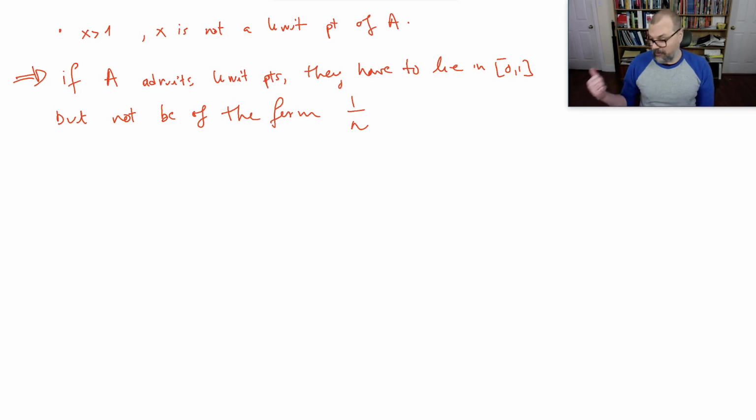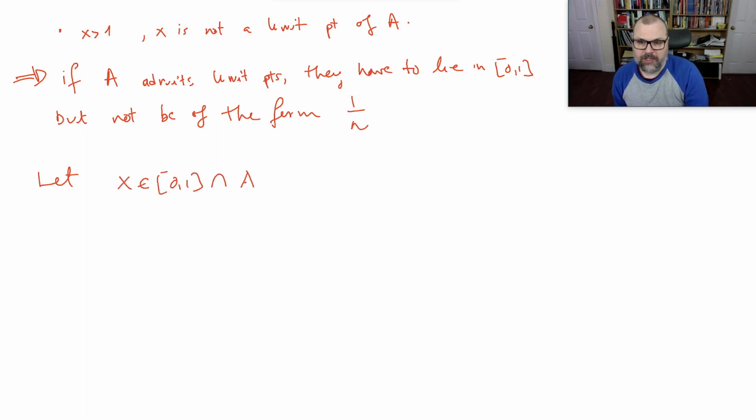We've eliminated all the negative values, we've eliminated all the values greater than 1, and we have eliminated the 1 over n's throughout.